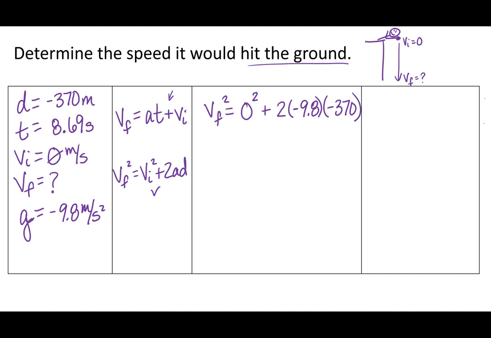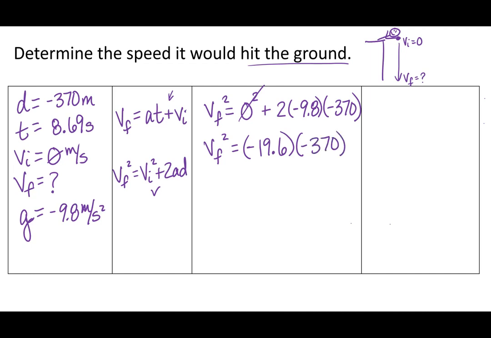Well, why don't we multiply these things together, right? 0 squared is 0, and so this is going to go away. 2 times negative 9.8 is negative 19.6 times negative 370.